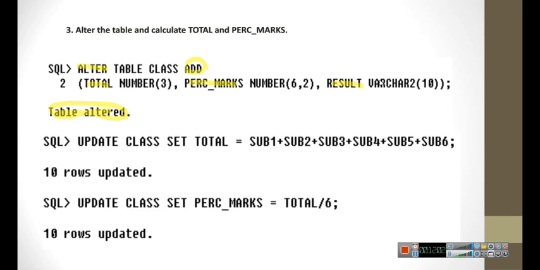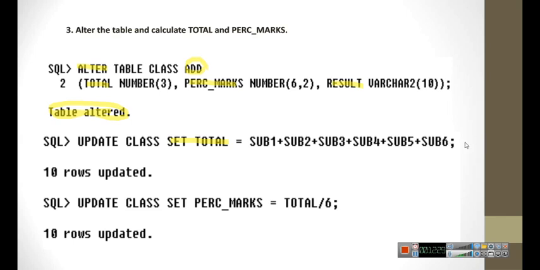First we are going to add values for total. So update class, class is the table name, set total. Remember this. Set total is nothing but in the total field you are going to enter the values. Total is equal to subject 1 plus subject 2 plus subject 3 plus subject 4 plus subject 5 plus subject 6. This is how you are going to total the subjects.